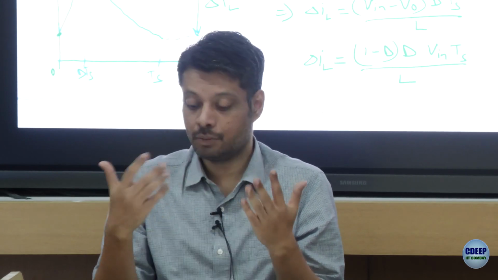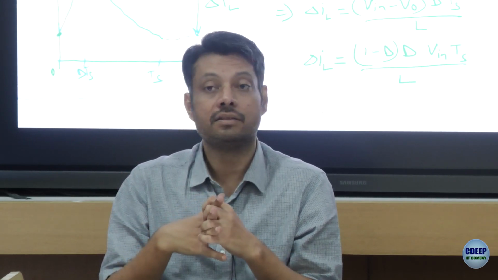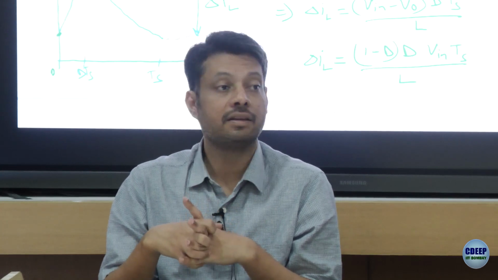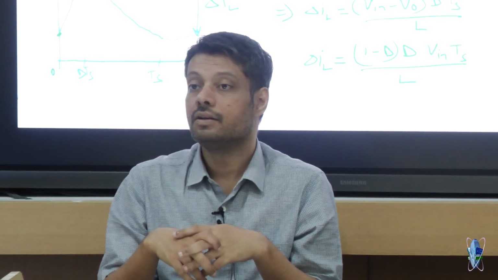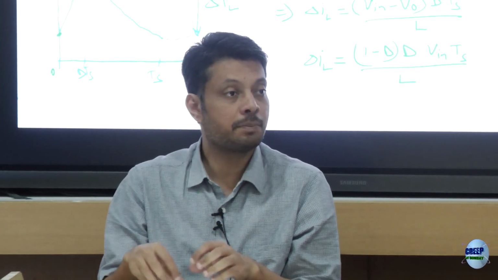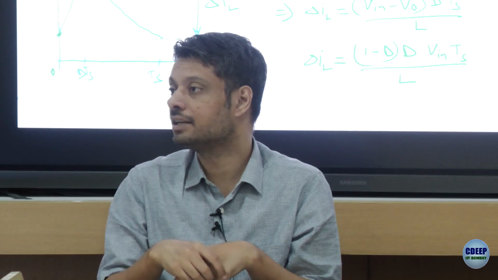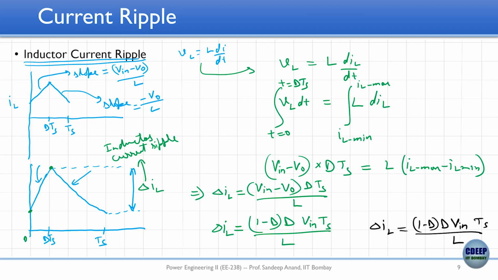If I increase the frequency, the ripple will decrease. Is that okay? There is a switching frequency part in this expression. Which one is that? Ts. Ts is nothing but equal to 1 by Fs. So if I increase the frequency, that means I am reducing the time, that means I am reducing the ripple current.